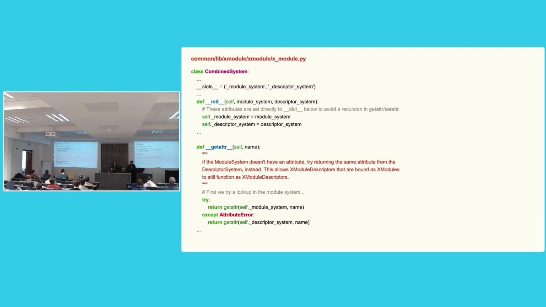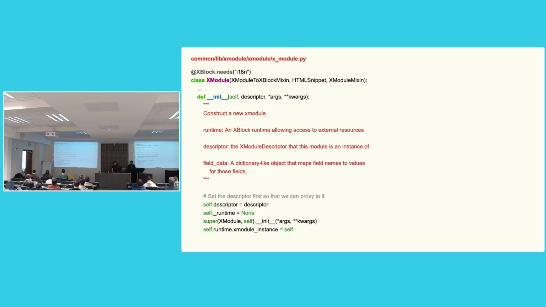It retrieved the attributes and functions from the module system first, and if they didn't exist, it retrieved them from the descriptor system. What it meant in practice was that the runtime had to be aware of the XBlock instance it's actually rendering, and of the user, the course, and everything like this.